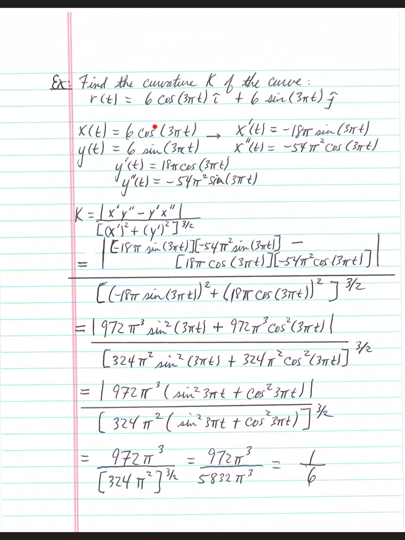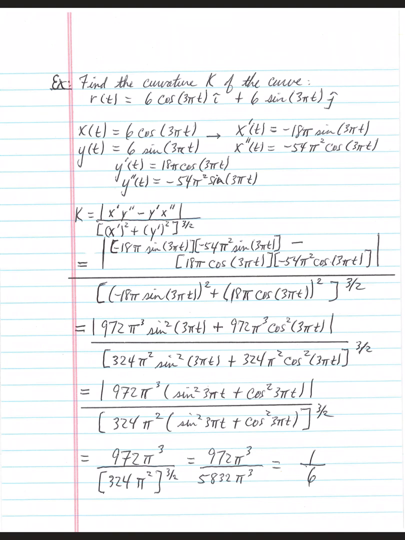First derivative, we're going to have to use chain rule because our angle isn't just t. So it's going to be negative sine. So let's do it this way. It's going to be negative 6 sine 3 pi t times the derivative of the inside, 3 pi. So that's negative 18 pi sine of 3 pi t.